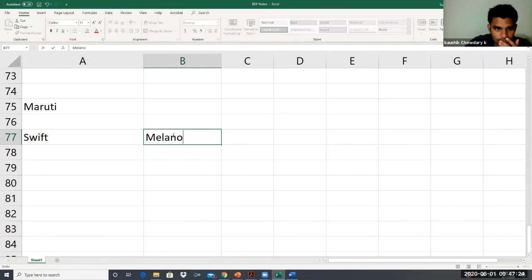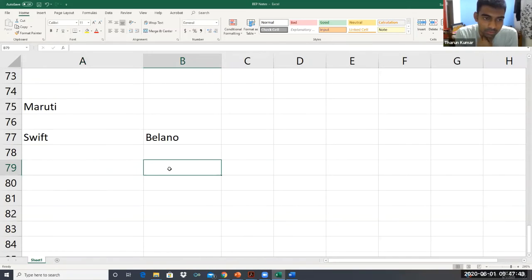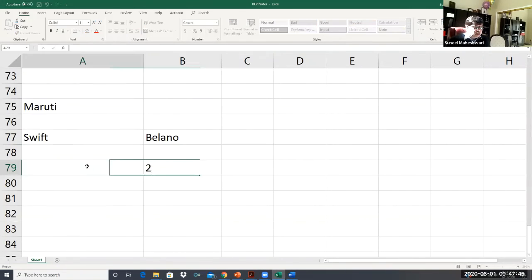So which one sells more, Swift or Baleno? Baleno, sir, right now. So suppose for every two Baleno, they sell one Swift, right?